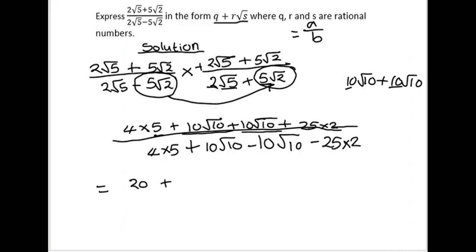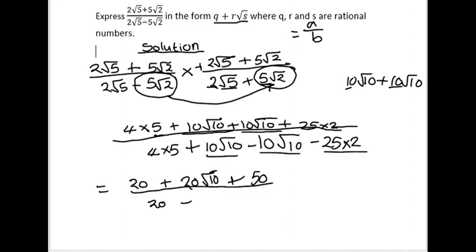So 10 plus 10 is 20, and then we bring down the similar surd, and then plus 25 times 2 is 50, all over 4 times 5 is 20. Now 10 root 10 minus 10 root 10 cancels out, so we are left with minus, and then 25 times 2 is 50.